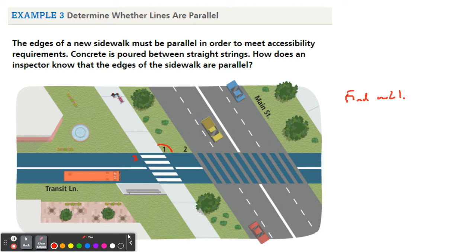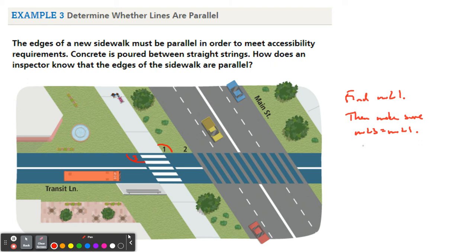Then we're going to make sure the measure of angle 3 equals the measure of angle 1. Make sure that these two angles have the same measure, because then they'd be congruent. Whatever this angle is, measure it. This is on one side of the sidewalk, this is on the other side.